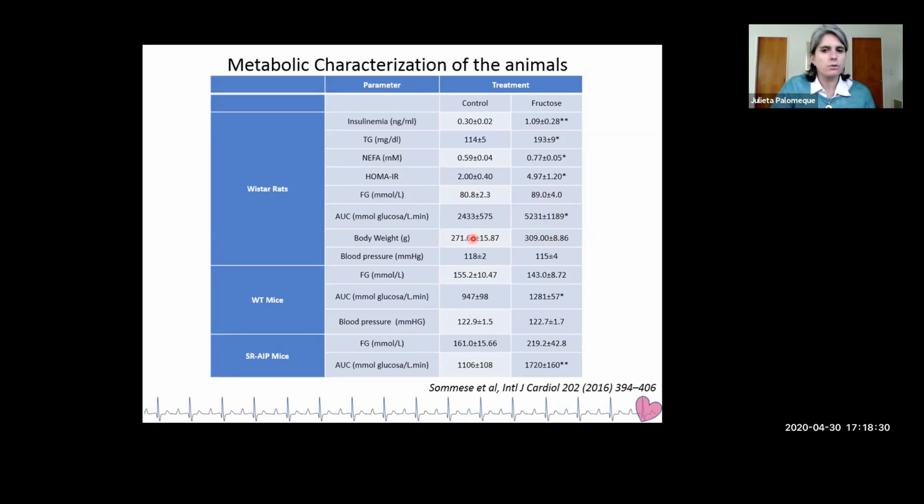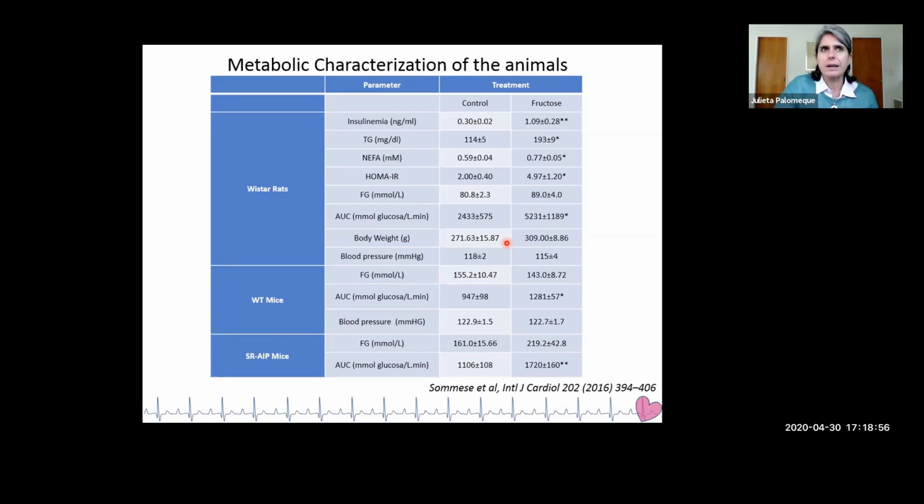The body weight was not different, so the animals have no obesity, and the blood pressure was also not different. So we think that this is very important because the animals don't have a pressure overload or volume overload condition on the heart.